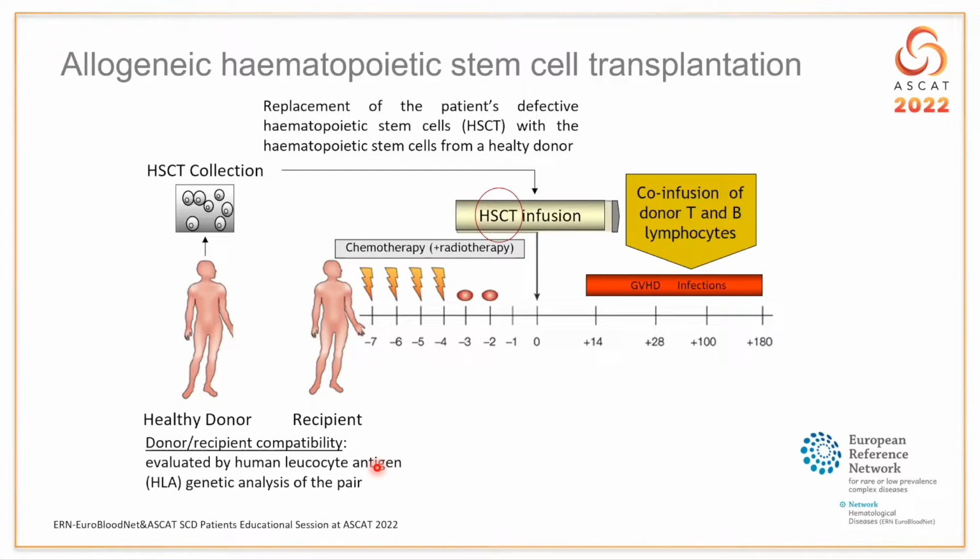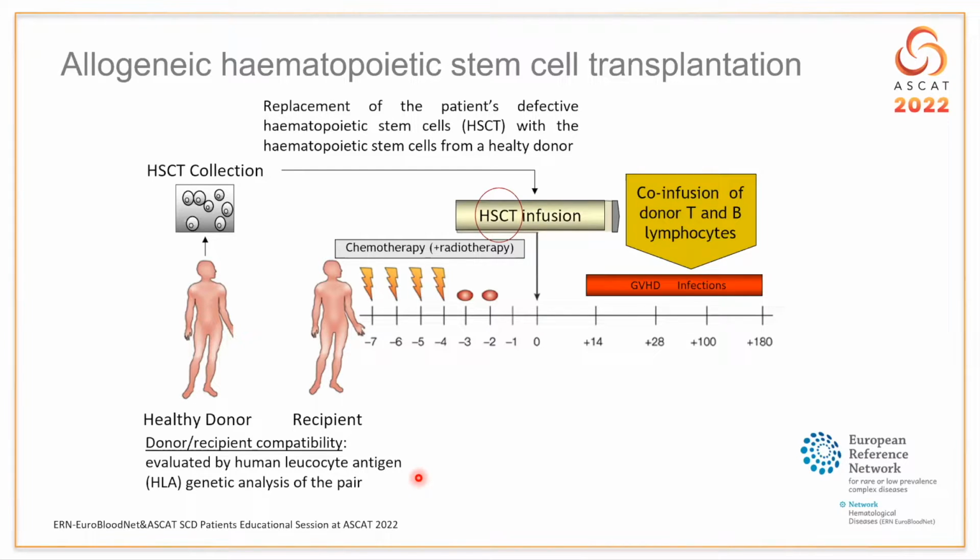Usually the best donor is a donor who is 100% compatible with the recipient. This means that the HLA typing, these human leukocyte antigens, of the donor are identical to the human leukocyte antigens of the recipient, of the patient.